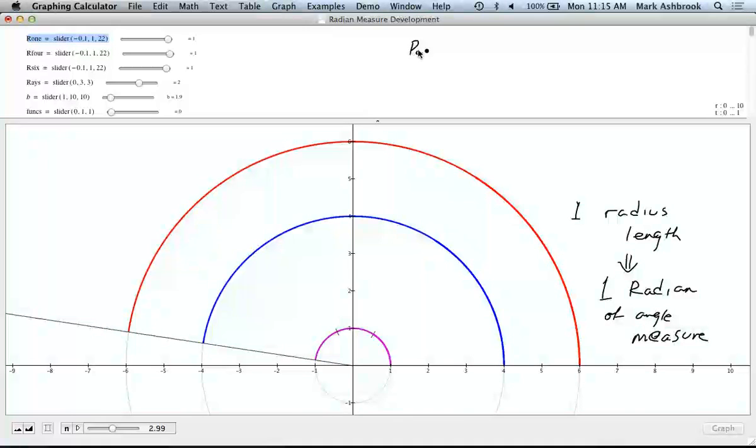For the purple, the blue, and the red, I want you to do the radius: what's the length of the radius in the units of the axis, and then what's the length of the arc? That's arc length, and then what's the angle measure? You're going to make a table. Go quick so we can get through this.